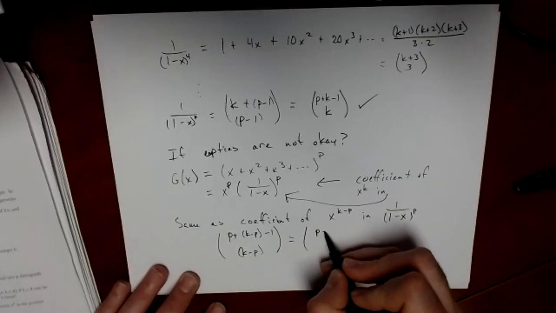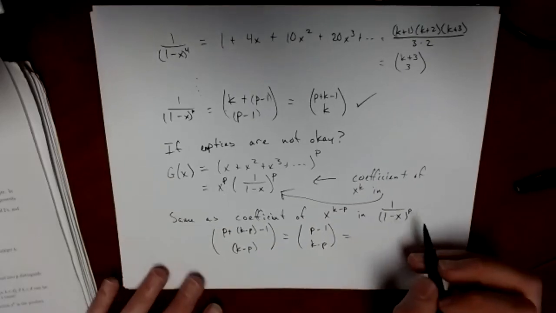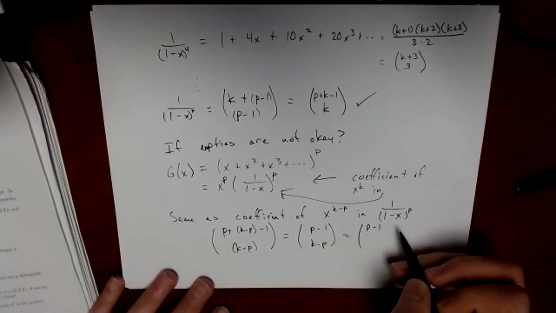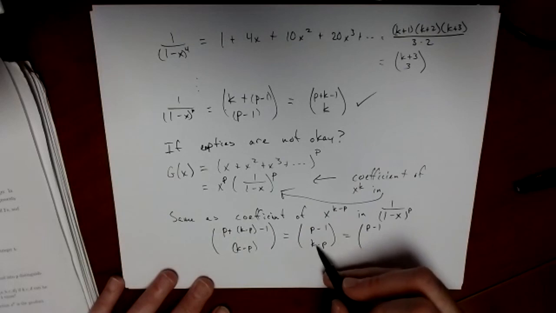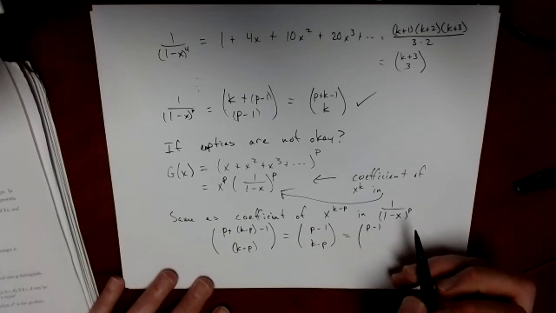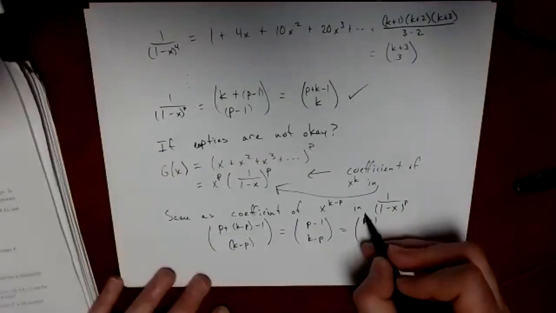That's p minus 1, choose k minus p. Using the symmetry identity again, that's p minus 1. And then, did I say it backwards? Wouldn't it be k minus 1? Because we got p plus k minus p, so the p's would cancel. Oh yeah, this is k minus 1.